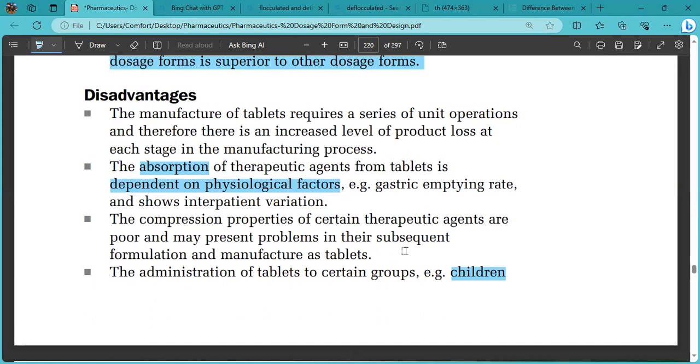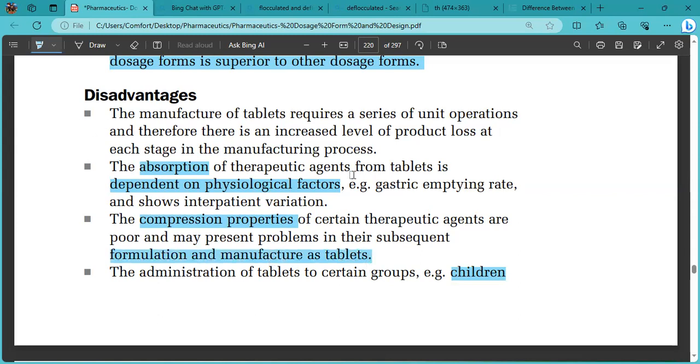If you don't optimize the different unit processes involved in the manufacture of tablets, such as the compression of these therapeutic agents, it will result in problems in formulation and manufacture.